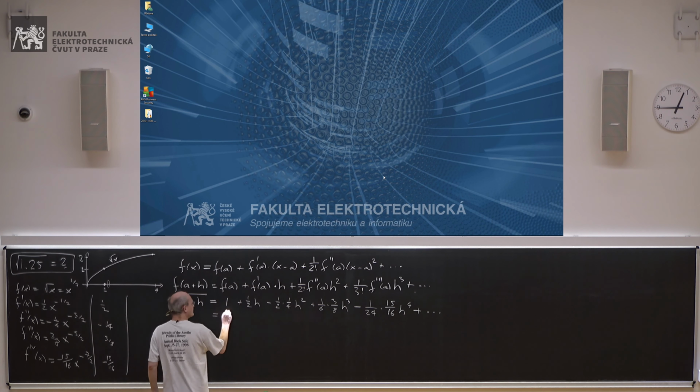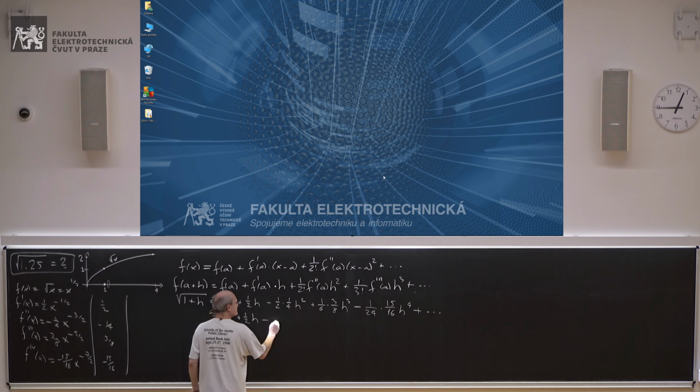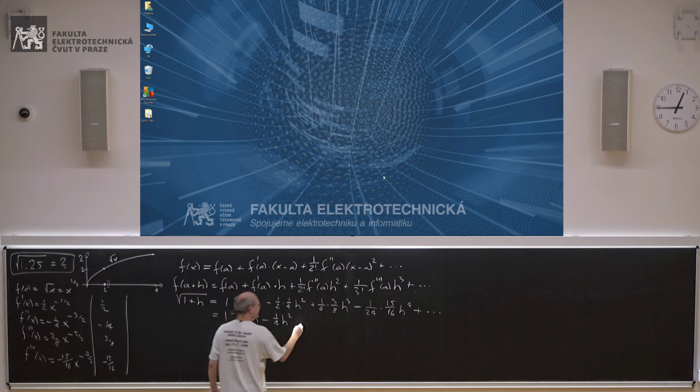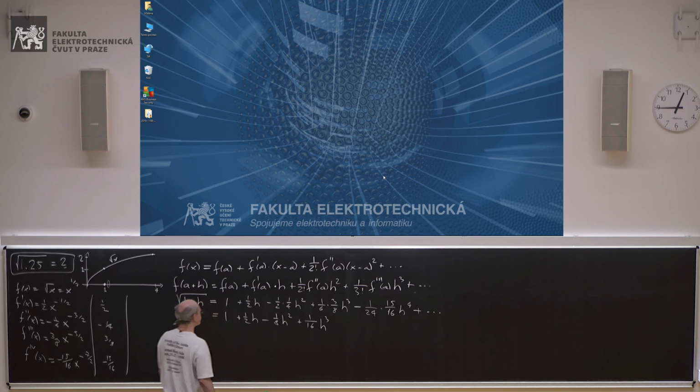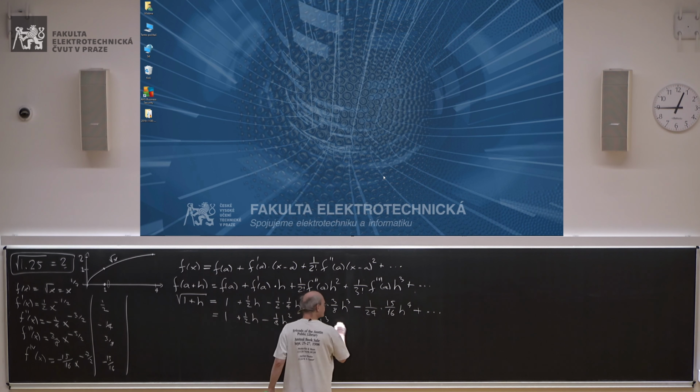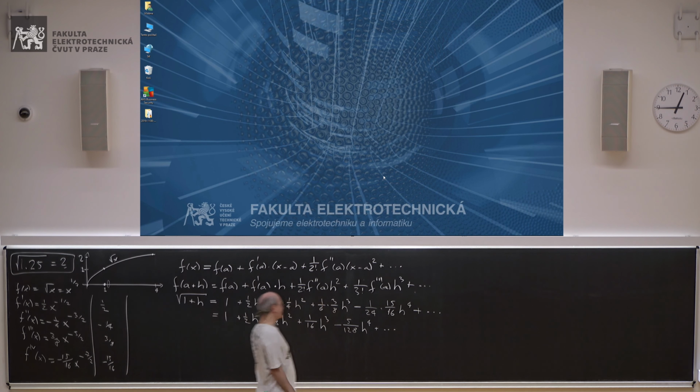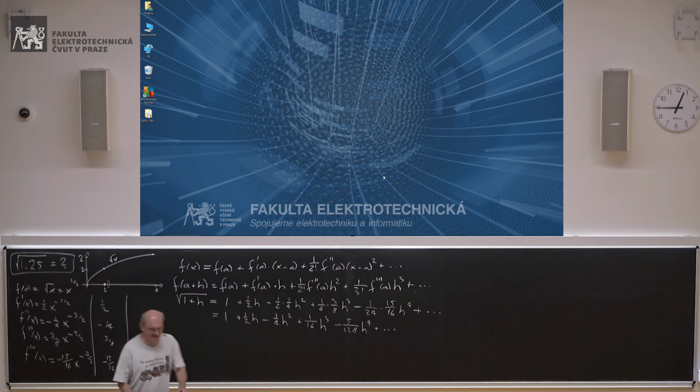One more line. 1 plus half h minus 1/8 h squared plus 1/16 h cubed. Isn't that nice? Minus, okay, 3 cancels, and I get 5 on the top, and I can do nothing about it. And this is multiplied by 8, and I get 128. Okay, I don't like it as much as I did before. Hopefully I did not make a mistake. If I did, it doesn't really matter.